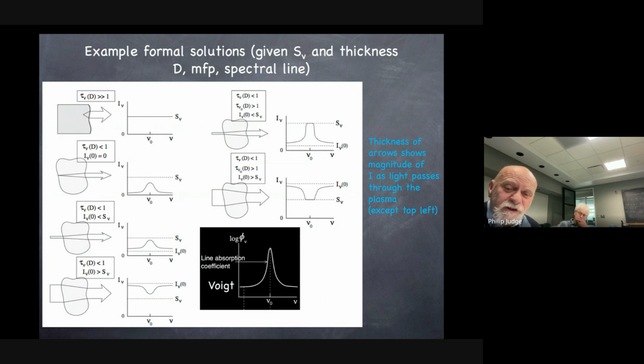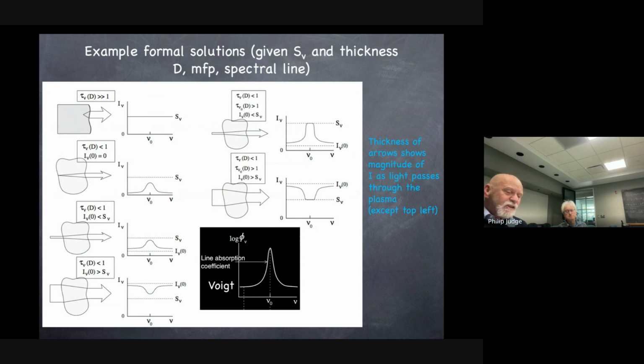All we see is the continuum that was coming in from beneath, just like the bottom two on the left. But in the line core, we see the saturated level that we see in the top left. And so we have a flat top profile, okay? And this is again for a constant source function, right? It's a constant, that's why it's flat.